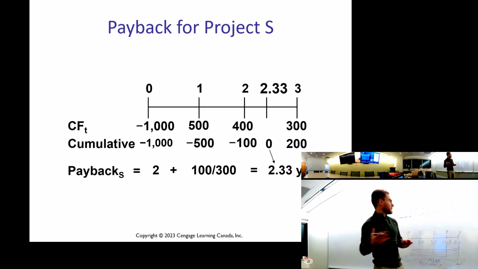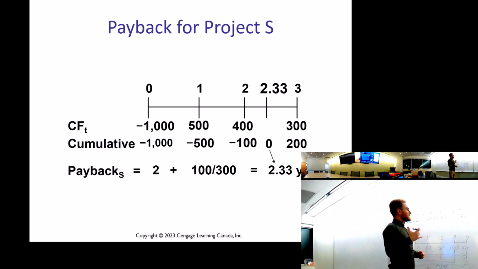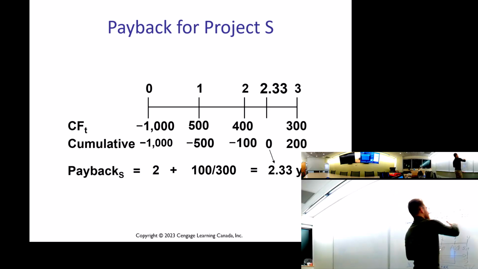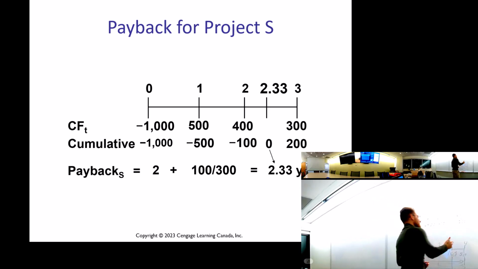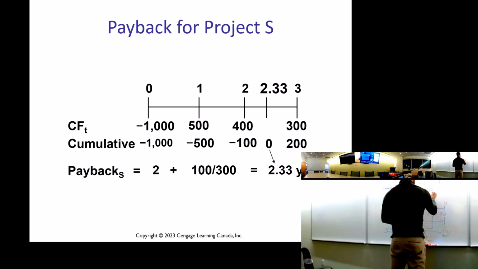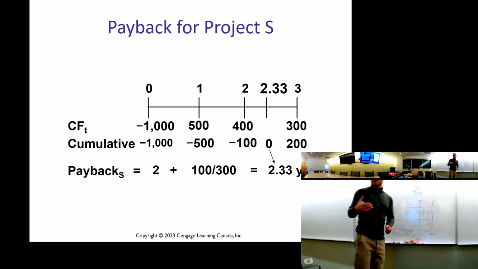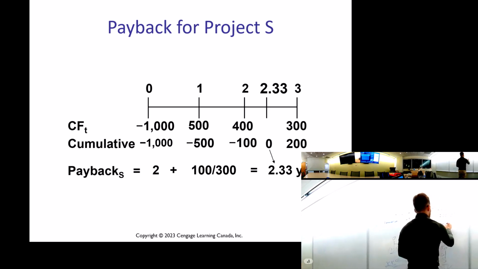So I've become profitable at some point between year 2 and year 3, okay? So in this case, if I think it's on a straight line basis, if I go that $100 deficit divided by the $300 total cash inflows that I make, what I end up getting is that 0.33, right?